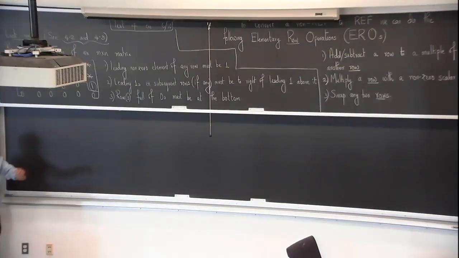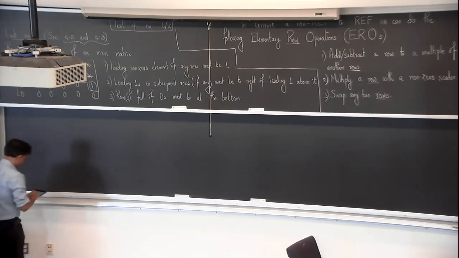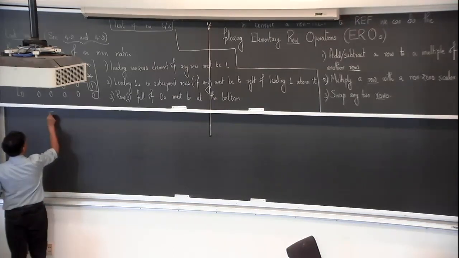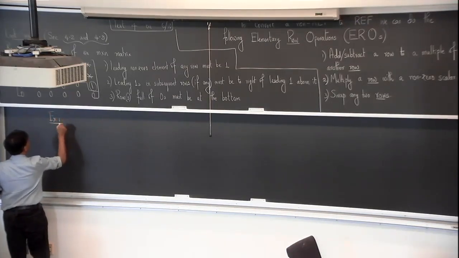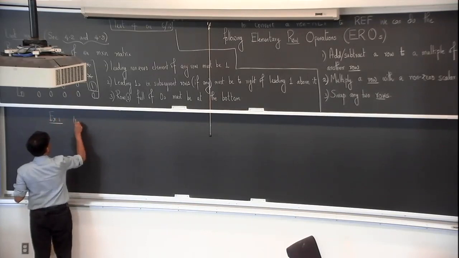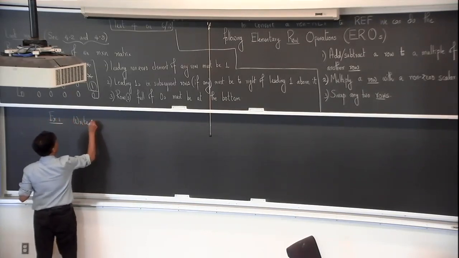Let's jump into an example right away. I have to copy these examples very carefully because if a number or a sign gets a little off, this could be a nightmare. And the same applies to you. Please copy these problems carefully. So example 1. Write the following matrix in the row echelon form.